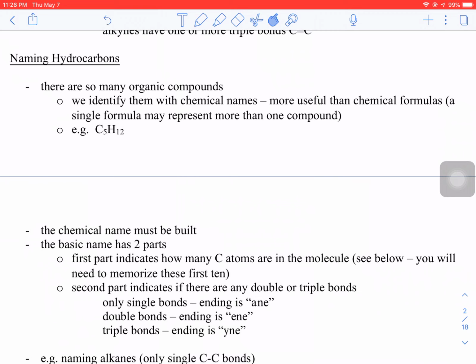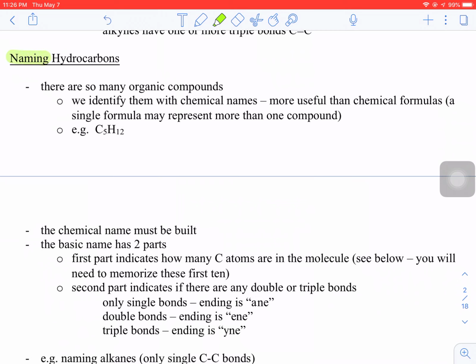Just like if I said C5H12, I could draw out a whole bunch of different molecules that have 5 carbons and 12 hydrogens, and they would all be different. Just as different as the hummingbird is from the crow, or the hawk is from the parrot, right? These compounds themselves are going to be very different also. So I need to specifically identify which compound it is I'm using, and the way we do that is by using the name of the compound.